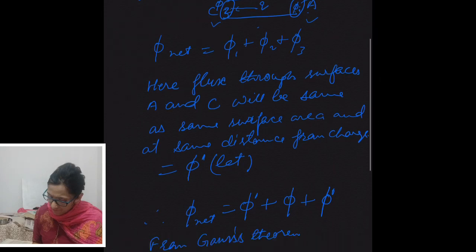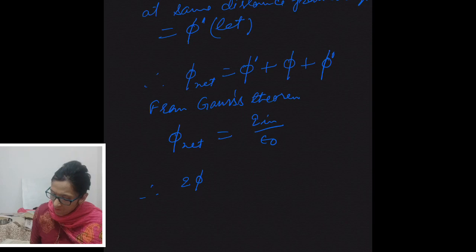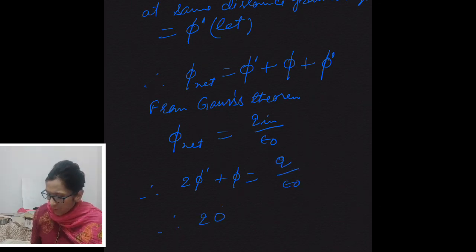And from Gauss's theorem, phi net is equal to Q enclosed by epsilon naught. Therefore, 2 phi dash plus phi is equal to Q upon epsilon naught.